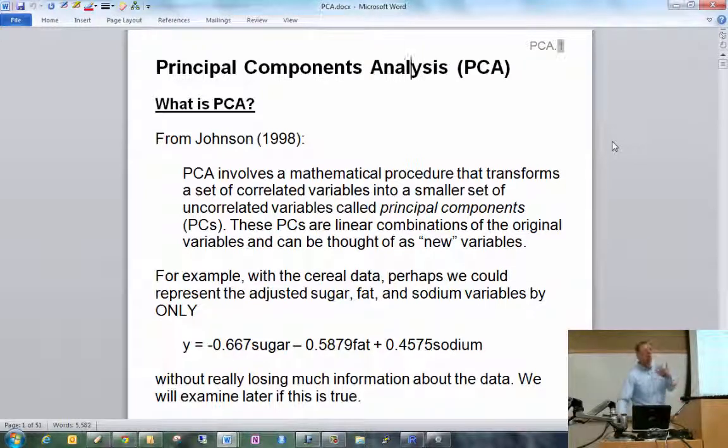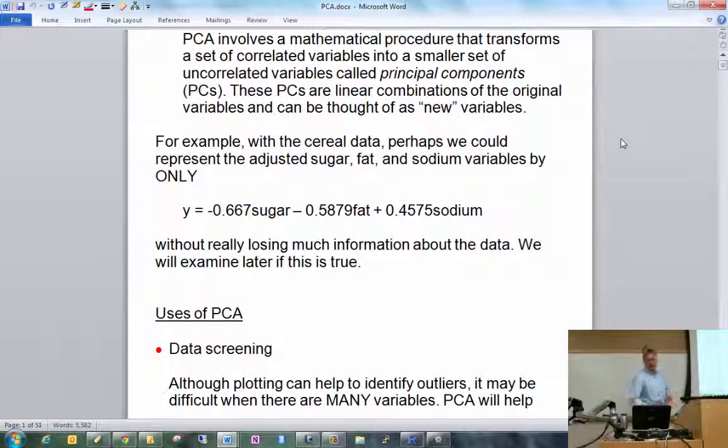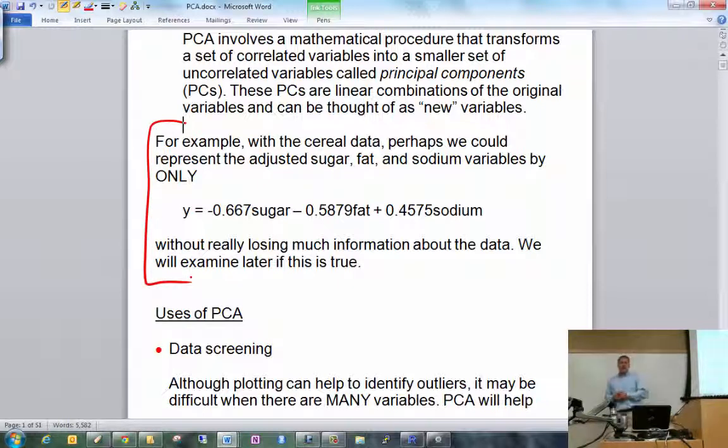So again, what do I mean exactly by linear combination? Just to make sure you understand what I mean, let's consider the cereal data. In the cereal data set, there are 3 main variables: sugar, fat, and soda. Perhaps what I could do is form a new variable called a principal component like this, a simple linear combination.